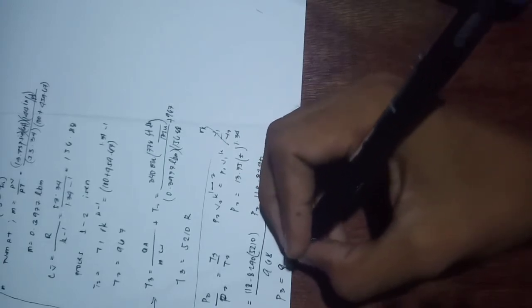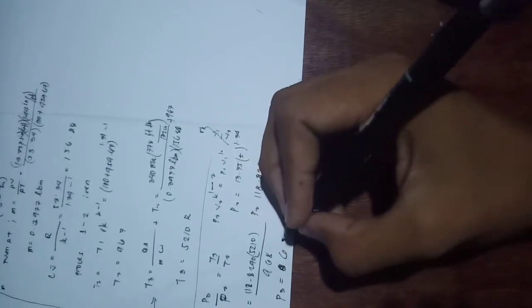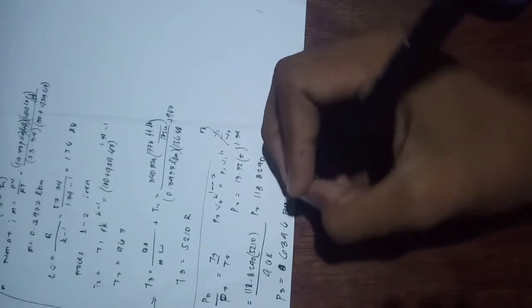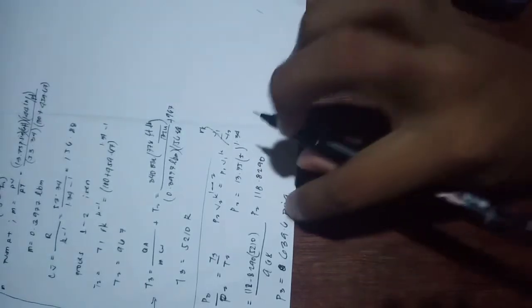Our pressure before expansion is 639.6 psia, or pounds per square inch absolute. So we have now the answer to this.